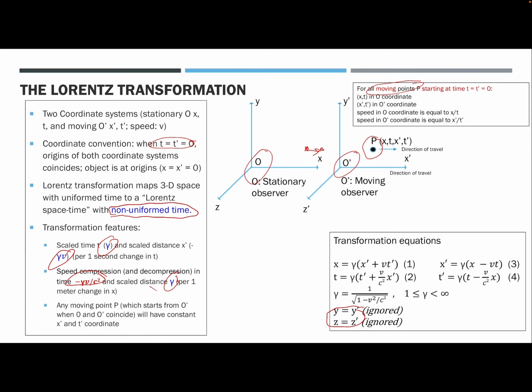It means that anything that goes beyond, in front of the moving coordinate, the farther you go on the right hand side, means you actually go farther in distance, but it also takes you less time.